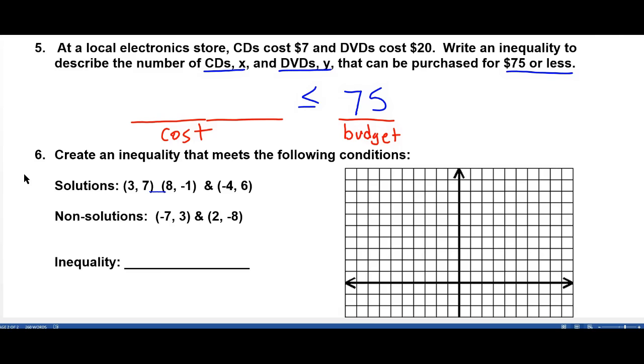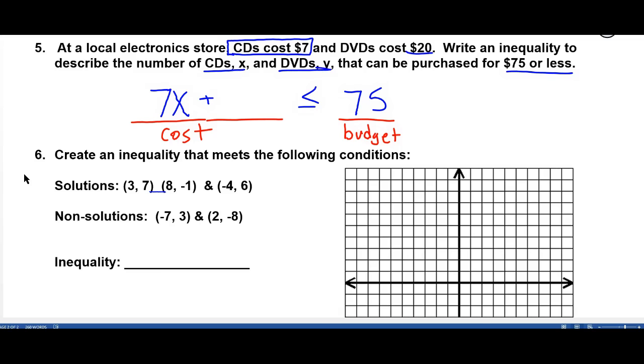The cost is, let's see, CDs are $7 each. It's an old problem if they're still selling CDs. So, CDs are X, they are $7 each. That's 7X, 7 per CD. Plus, we're also buying DVDs. DVDs are $20 each.